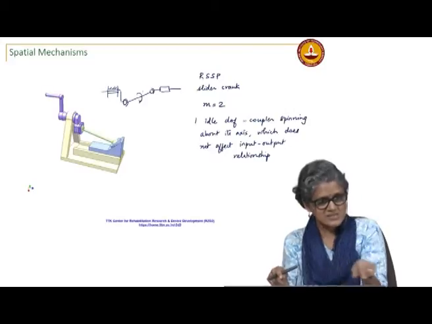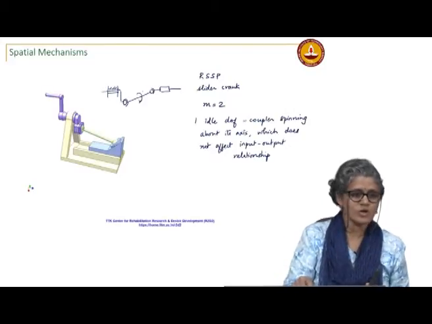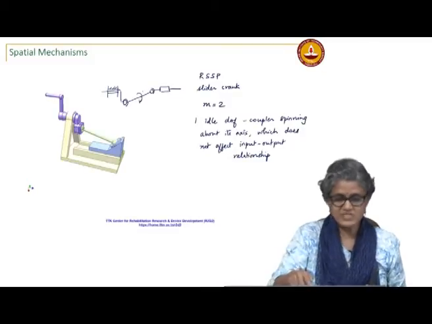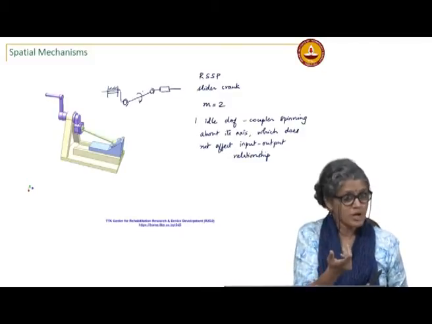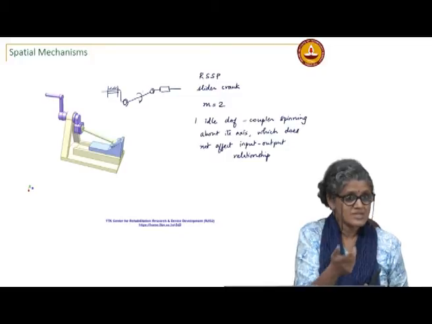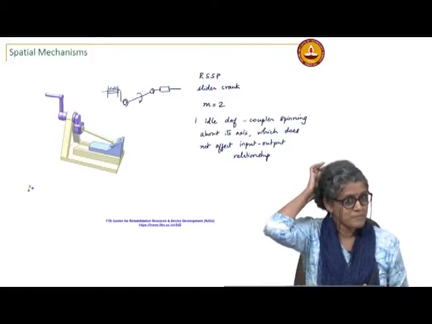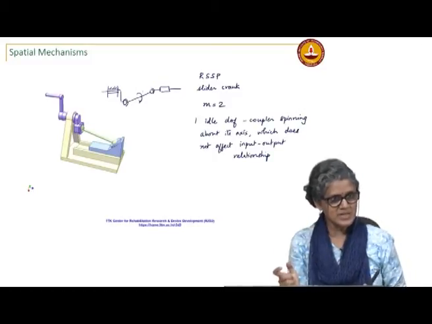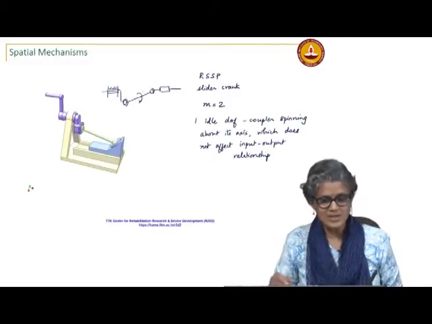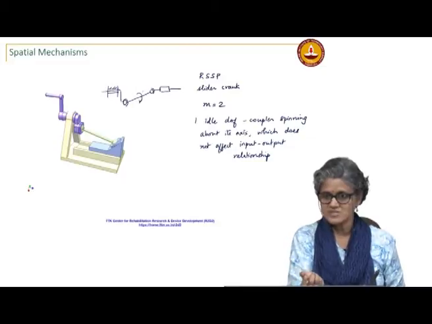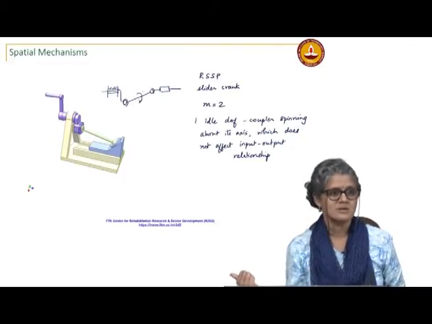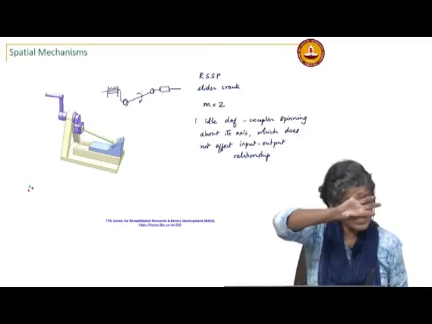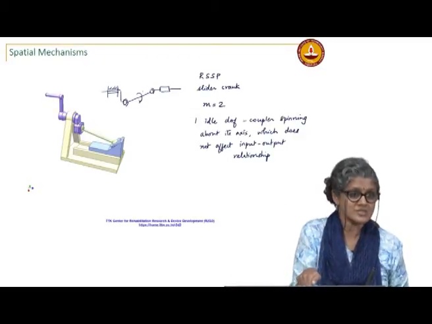As this slider crank is moving, you may want to use this degree of freedom to operate something else, in which case the orientation of that probably matters. It is no longer an idle degree of freedom, because you may have to actually specify it. This could be connected to another linkage, and the rotation of this may actually be the output of something else. It is possible, in which case you are going to have to control that rotation.